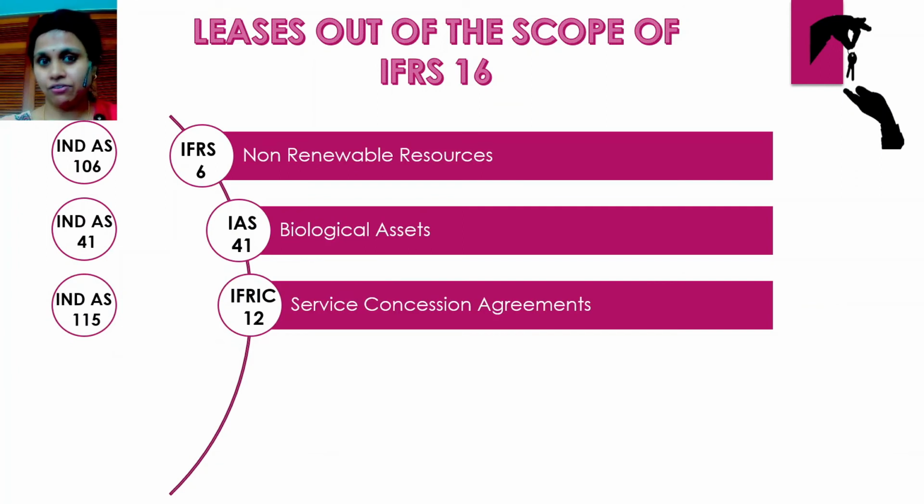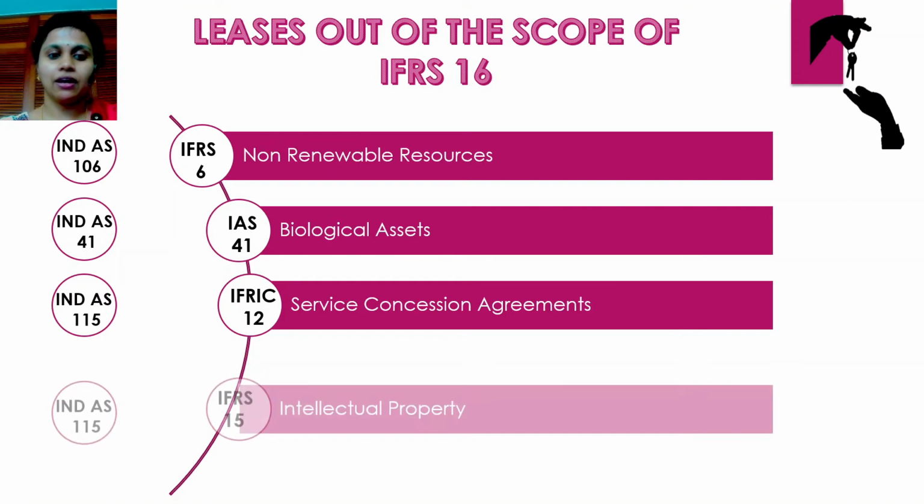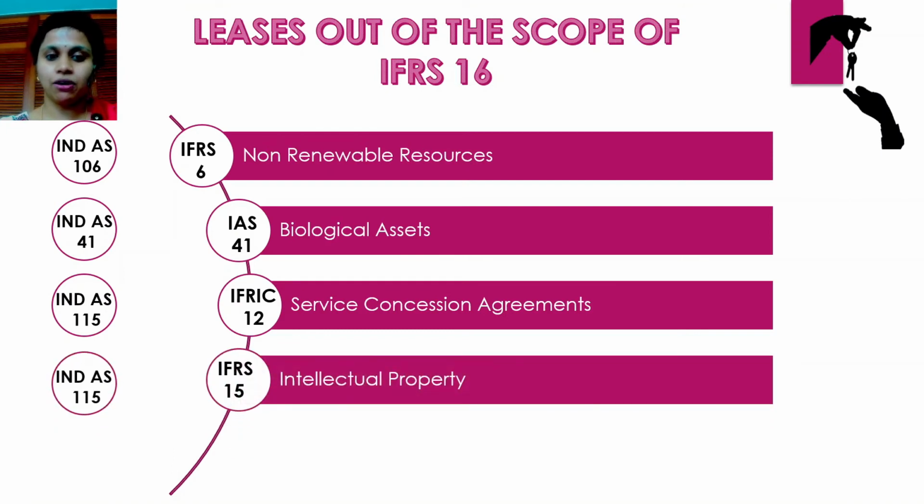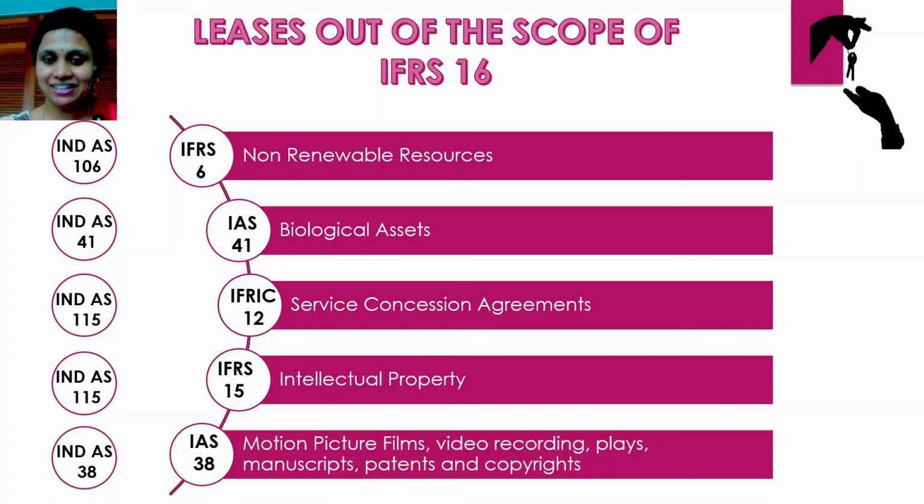For example, the agreement by a private company to collect the toll on a road that it has constructed for a government. Fourth one, intellectual property. So, this would be licenses to software, technology, etc. And finally, I'm going to read this out: motion picture films, video recording, plays, manuscripts, patents, and copyrights.